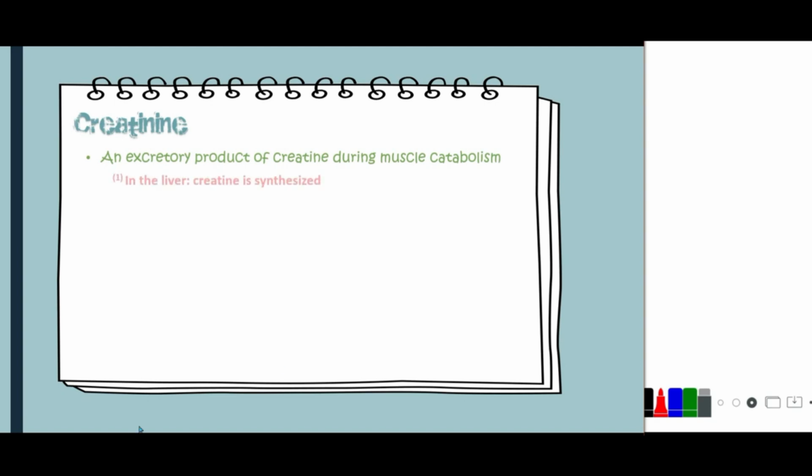So actually, the creatine here is synthesized by the liver. But creatine will be delivered to the muscle cells wherein it is incorporated with your phosphate. So in the liver, creatine is synthesized, but once it's already in the muscles, it is now in the form of creatine phosphate.